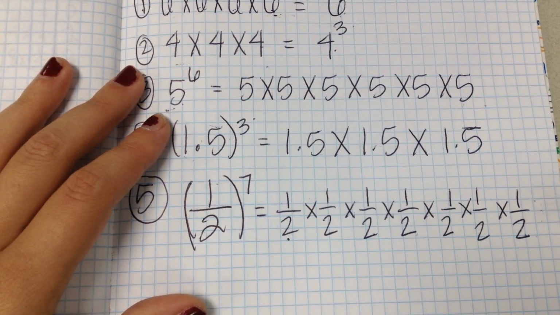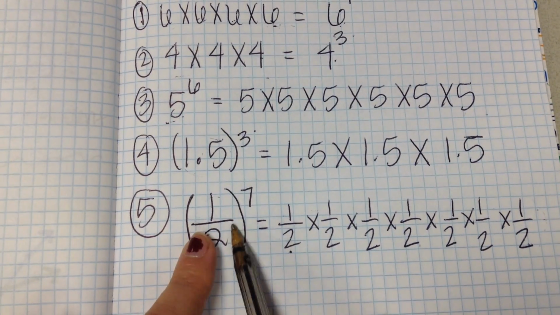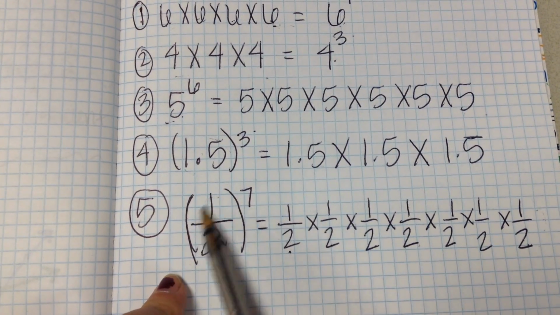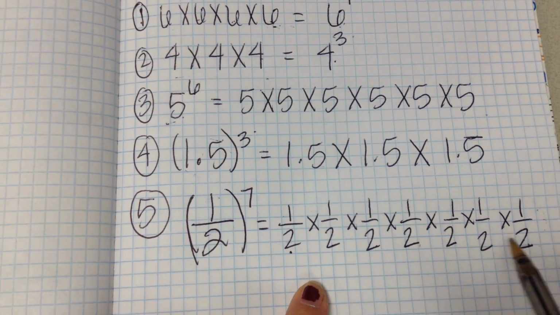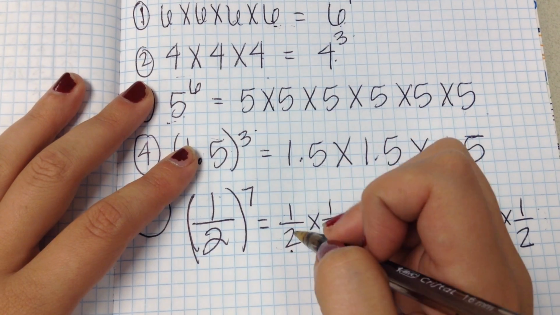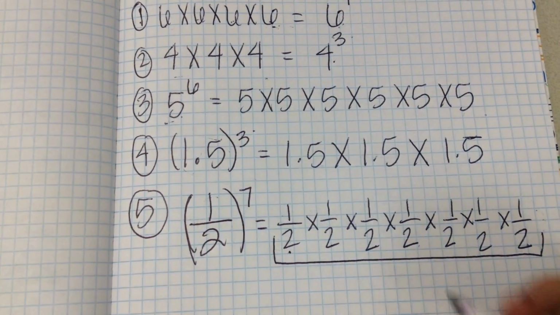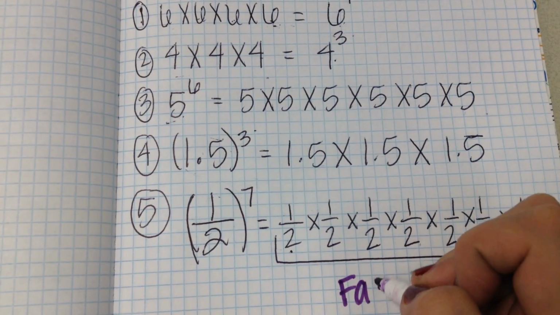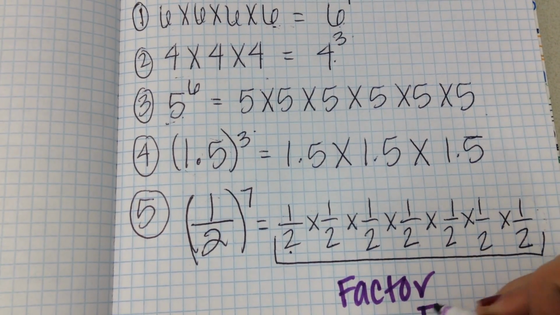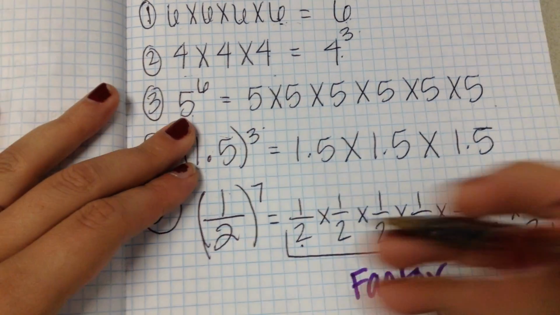Okay? And then, if you actually want to find your answer, you still use the same rules that we use when we multiply fractions. You multiply all the numerators, and you multiply all the denominators, and then that would be your final answer. Okay? But right now we're just going to be focusing on going between, this is called exponential form, and this is called factor form.